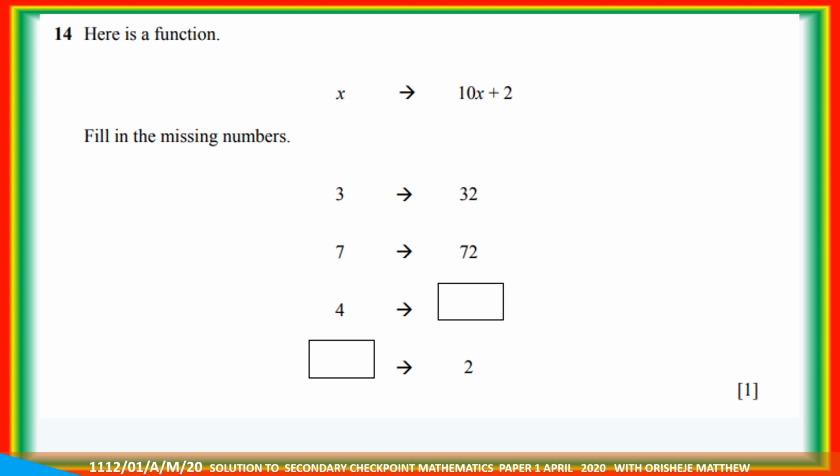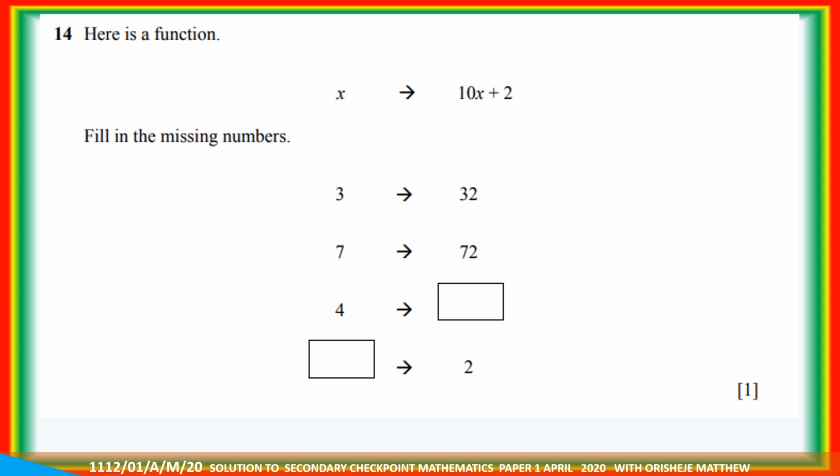14. Here is a function. x is mapped into the function 10x plus 2. Fill in the missing number. If x takes the value 3, you say 10 times 3 will give me 30 plus 2 will give me 32. If x takes the value 7, we have 7 times 10 will give me 70 plus 2 will give me 72.